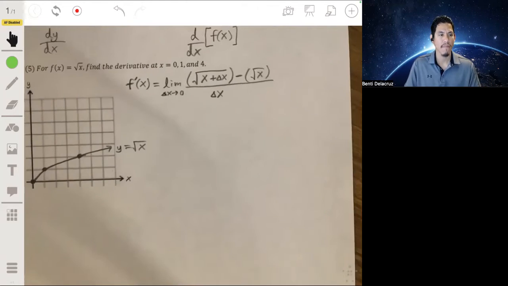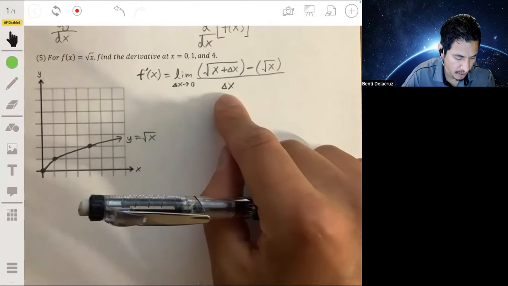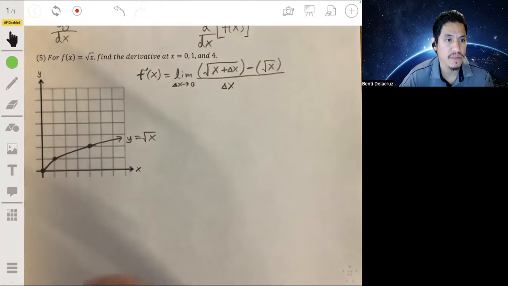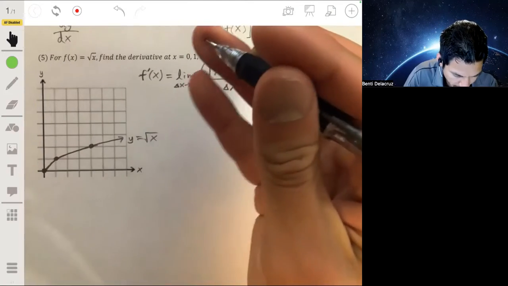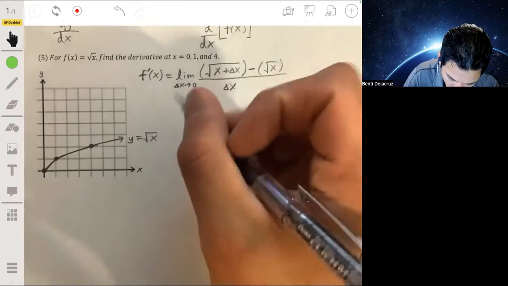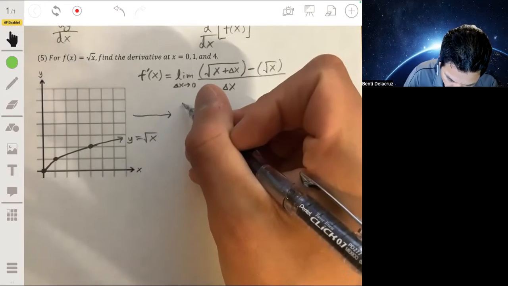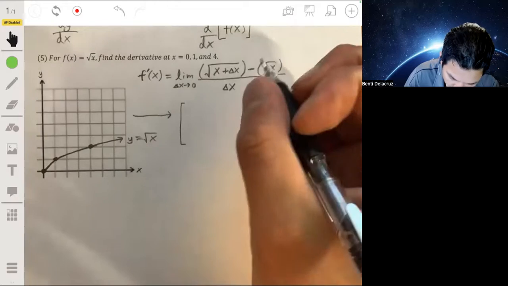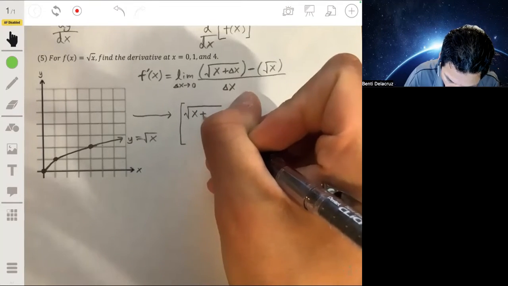Now, this is a case where we have to do some fancy magic to get rid of this delta x in the denominator. For this case, we're going to multiply by the conjugate. I'm going to write it clearly so we don't get confused.